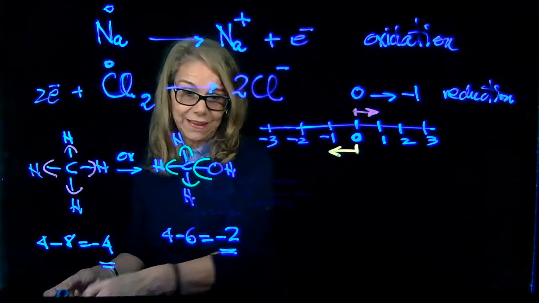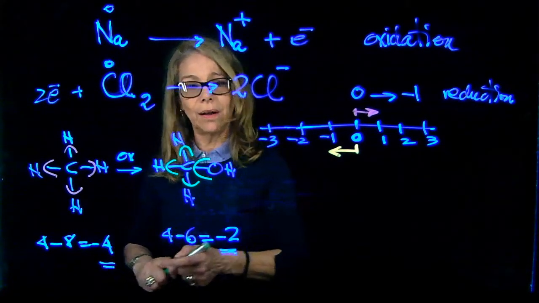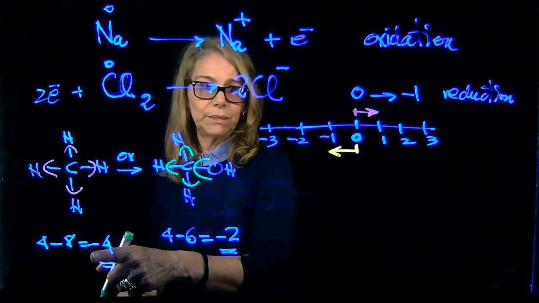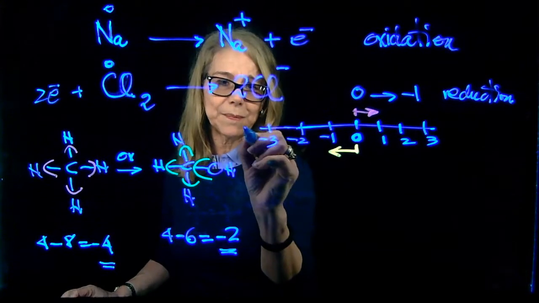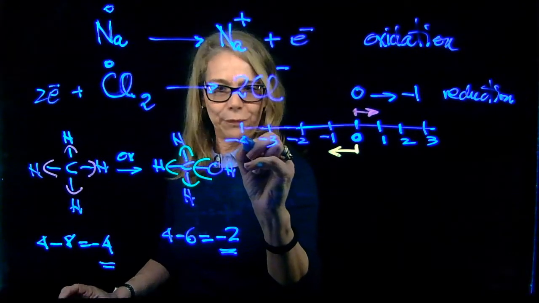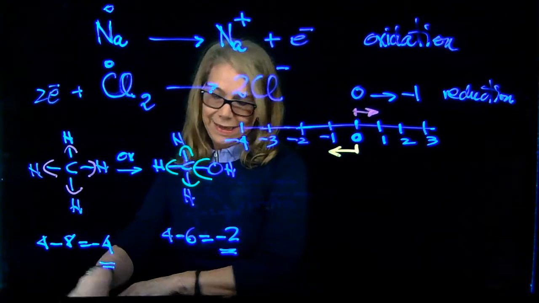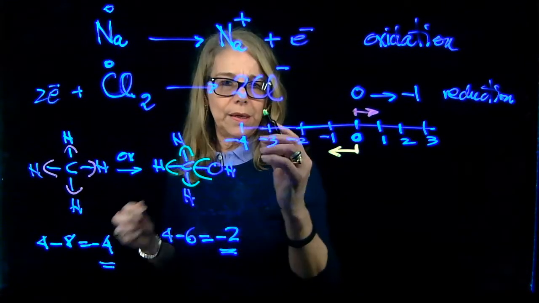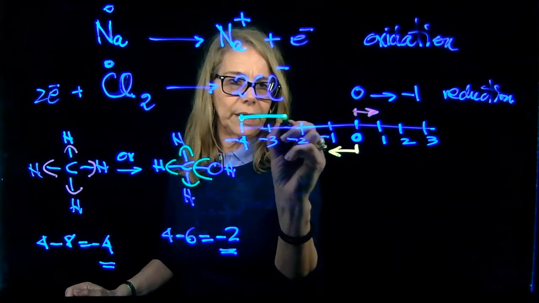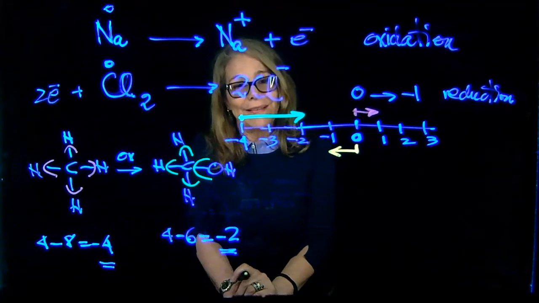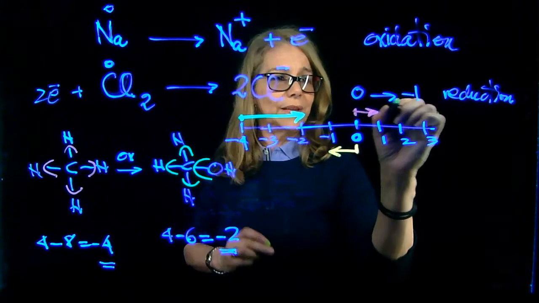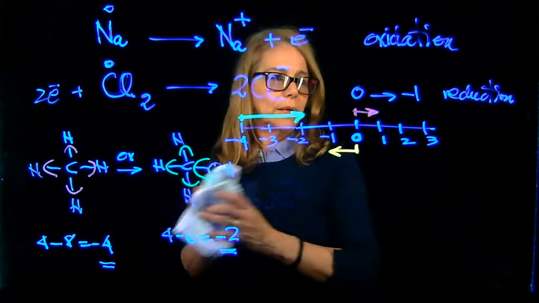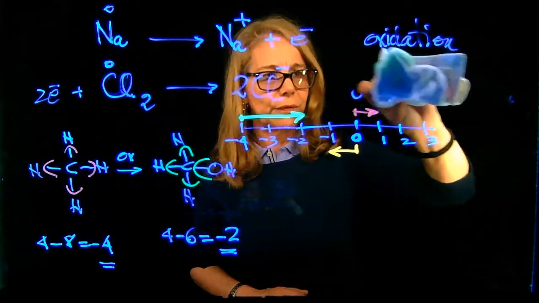What we just did with carbon, well, now carbon went from -4, so I need to extend this line a little bit. -4. And now it goes from -4 here to -2. Notice now the oxidation number has increased. So in this direction, and this might be confusing with what I wrote before.